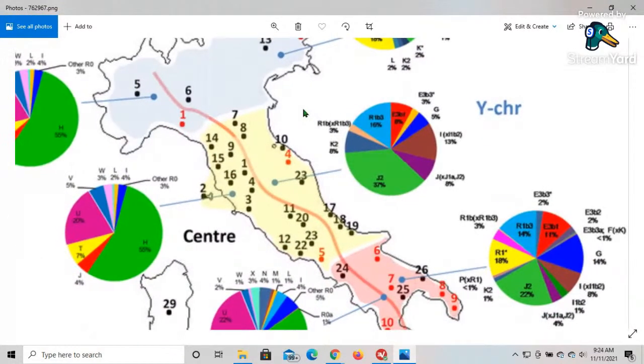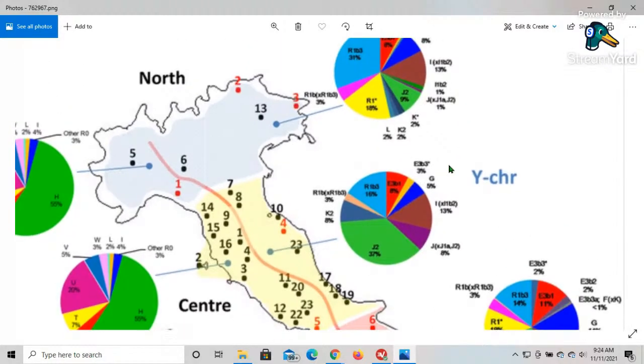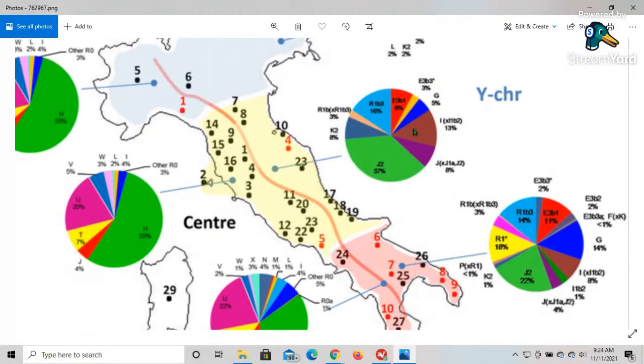Central Italy, we have J2, huge population, plus the same huge population, 13% of I. And this would be the regular J or the J1, which would be Arabic or Israelite. So there we have it.